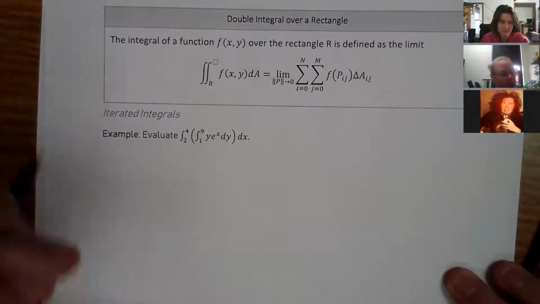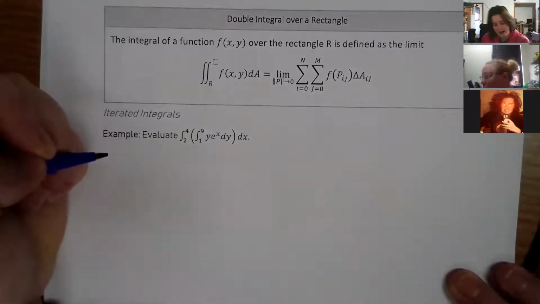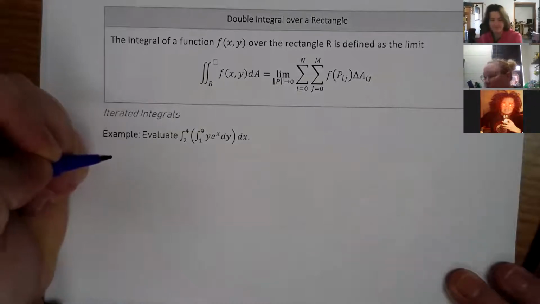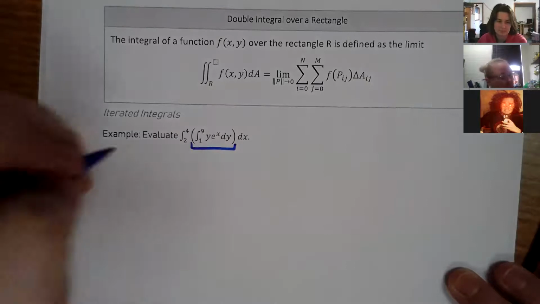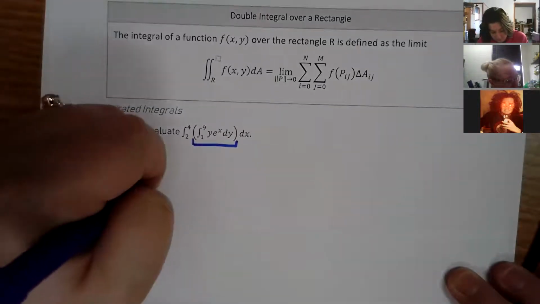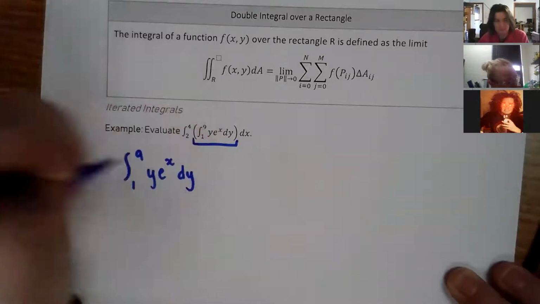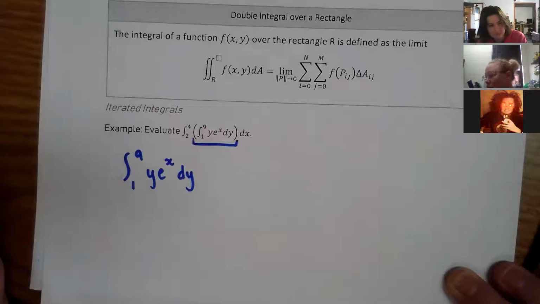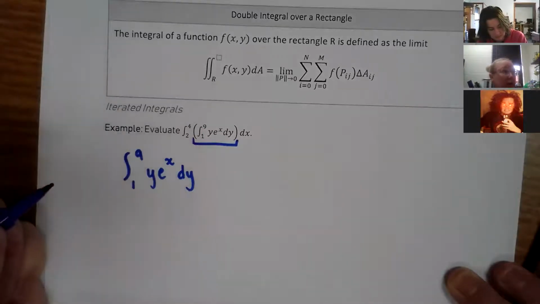Make this look straight to you. Okay, so what I'd want to do is worry about the first part. So if I just look at this piece right here, I can pull out the e to the x because I'll treat that as a constant.